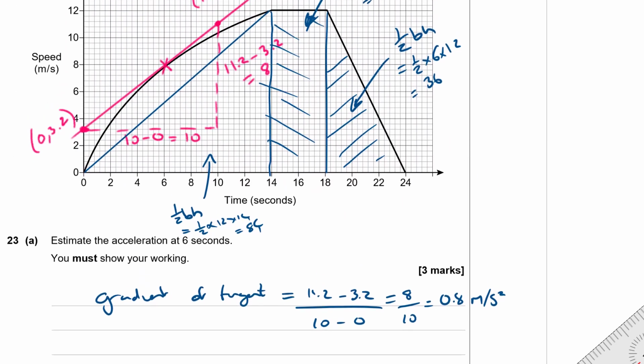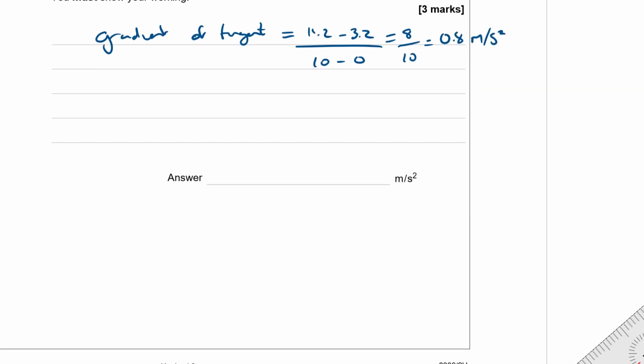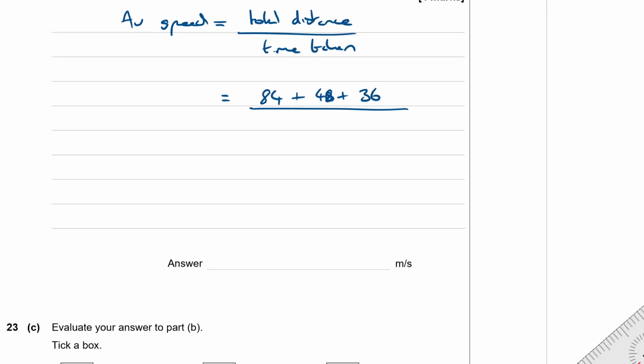Well, the time of the journey was 0 to 24, so it took 24 seconds over 24. So let's add that up. 84 plus 48 plus 36 is 168 divided by 24, and 168 divided by 24 is 7. So average speed is 7 meters per second.